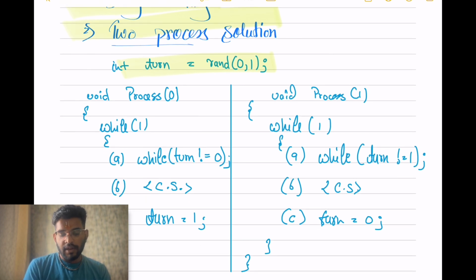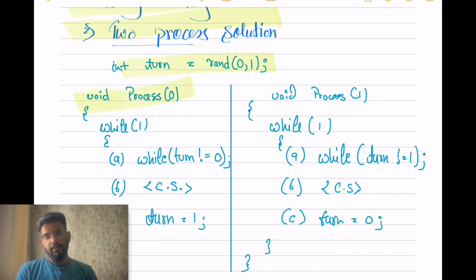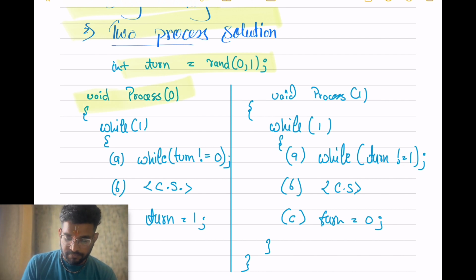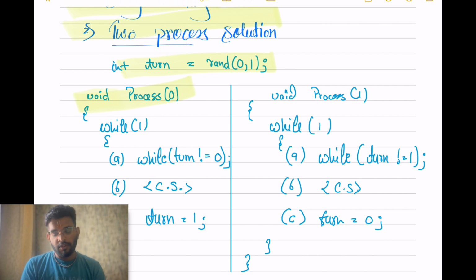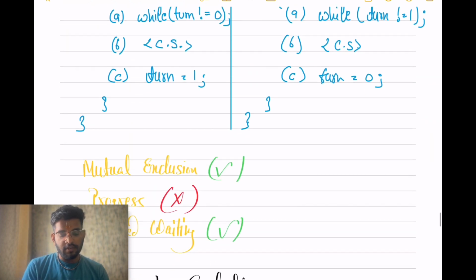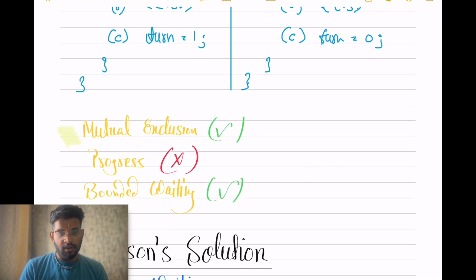And if turn is not equal to 0, or basically if turn is 1, then process 1 enters the critical section. In this, mutual exclusion is not violated, as there can only be one process entering. Turn can be either 0 or 1, it cannot be both at the same time.